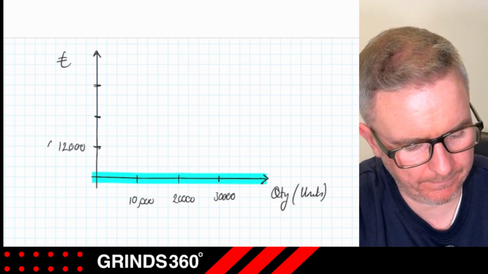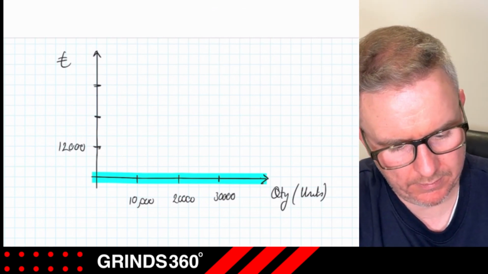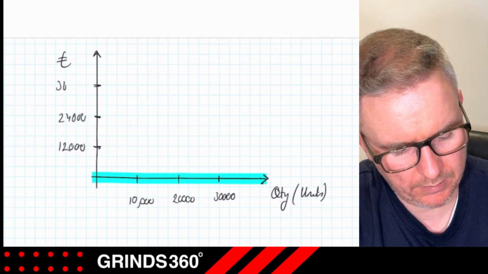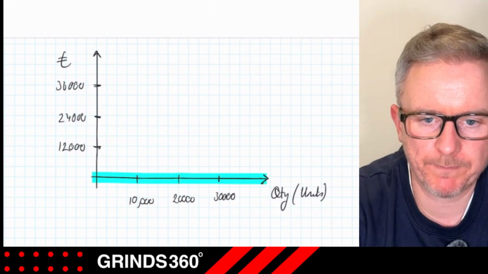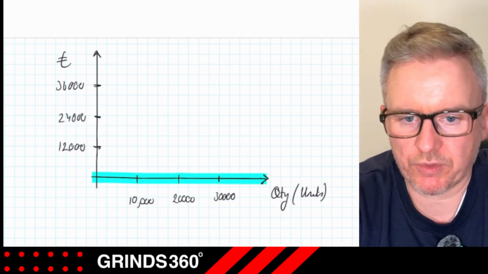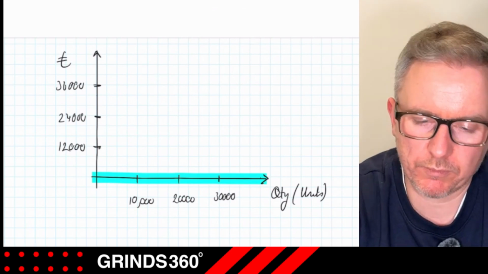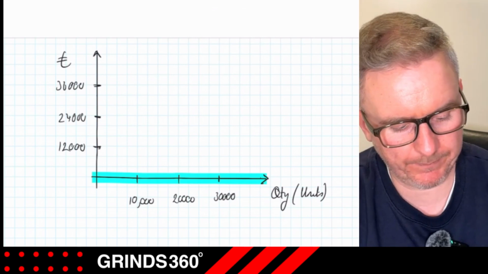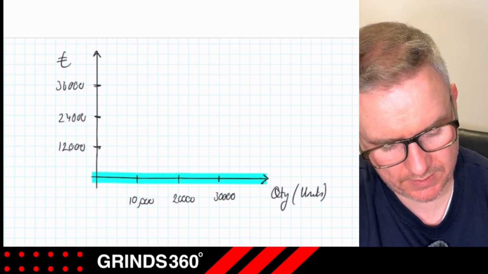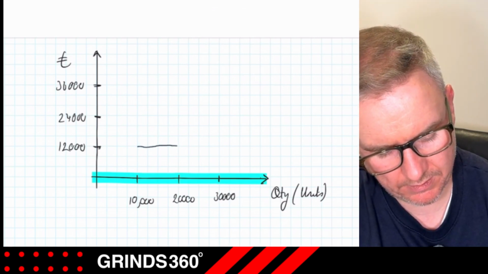We don't need the euro sign there. We're just saying that's what the rent is. So up until now, when I was producing 10,000 units, this is what my rent cost. It was a standard fixed cost there.